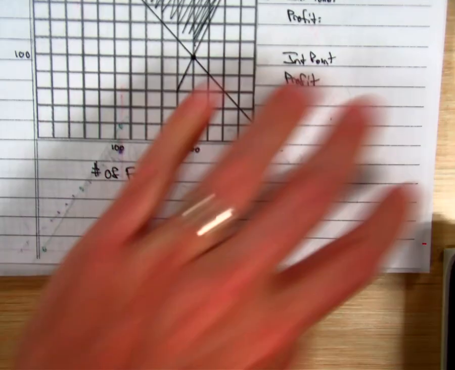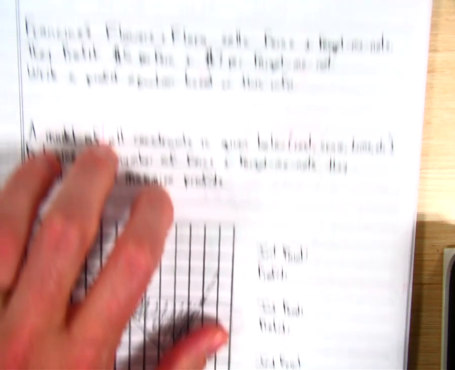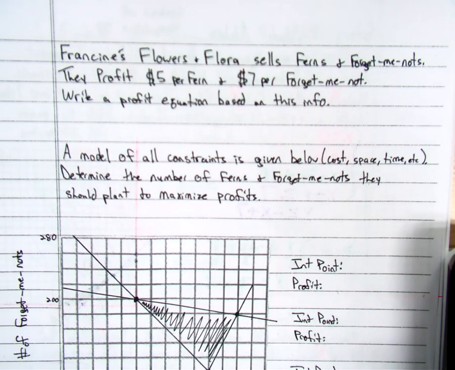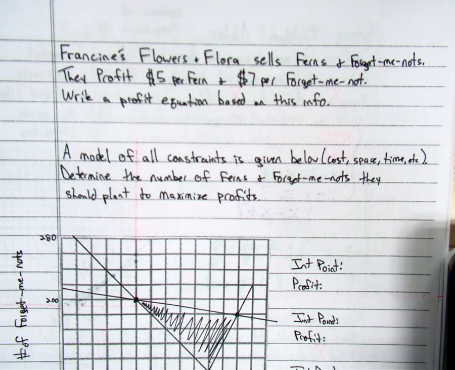All right, and then our last type of problem we're doing, I think these are the best. These are the most fun because you're actually analyzing and seeing how this gets used. Okay, profit statements, maximizing profits. Sometimes you're minimizing costs. Okay, Francine's Flowers and Flora sells ferns and forget-me-nots.